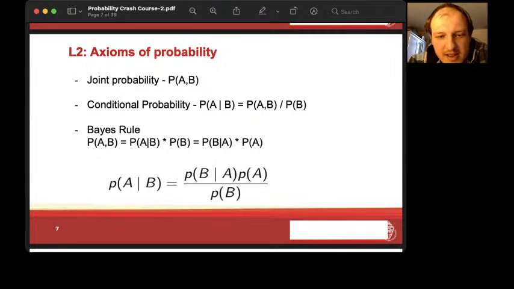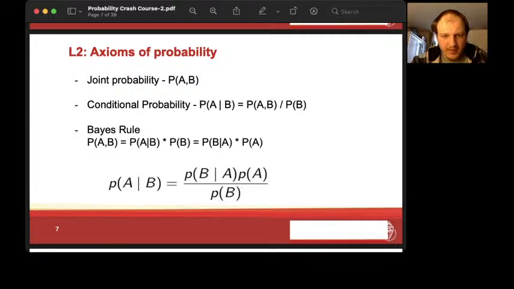So basically that's conditional probability. And these first two come directly from the axioms of probability, and Bayes rule directly comes from the rule of conditional probability.